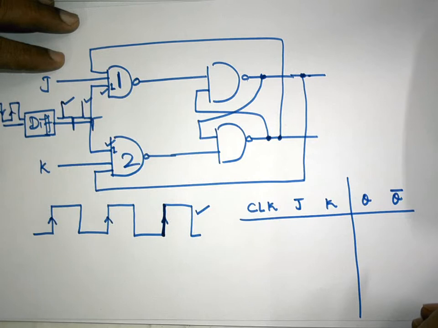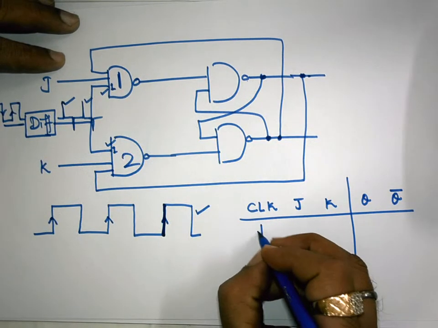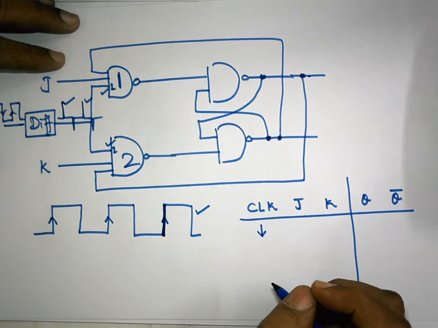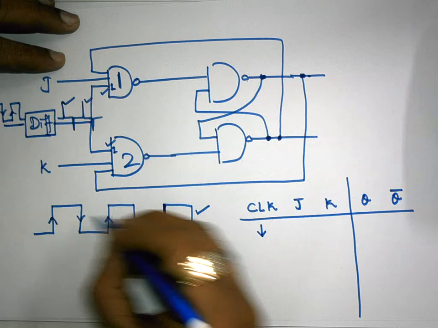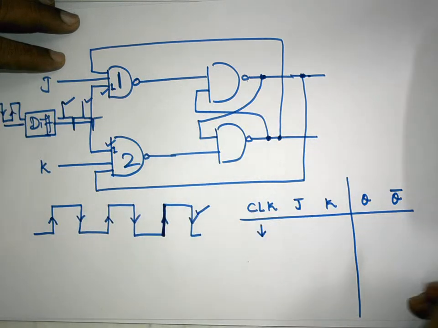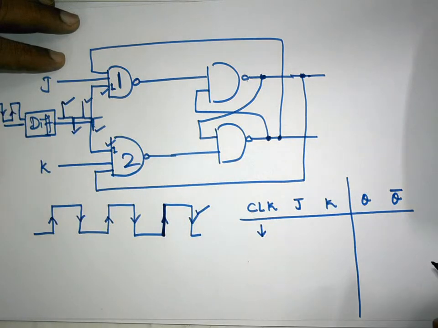So if the clock is a falling edge, I will indicate falling edge by this. Falling edge is this part of the clock. This means these negative notches, these negative spikes.